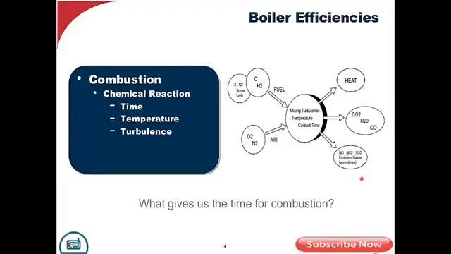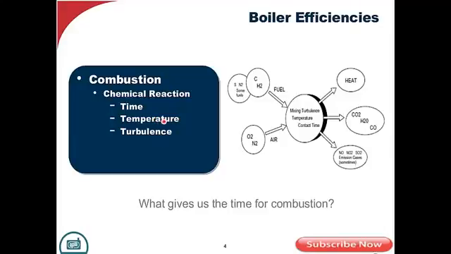So the burner itself is a combustor. It takes these elements, and it's the one that actually is the catalyst that gets this chemistry going. And for it to occur, we have to have time, temperature, and turbulence. That's what's going on within that burner.